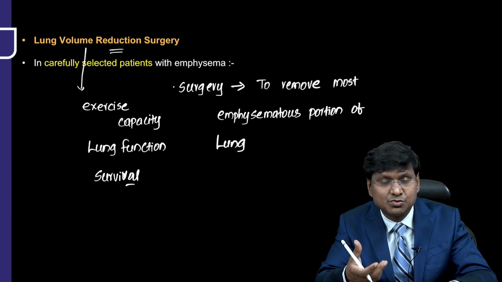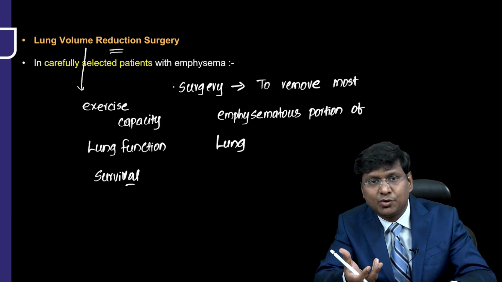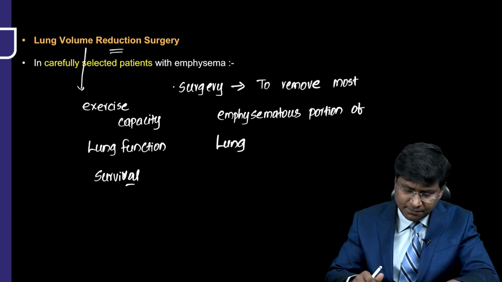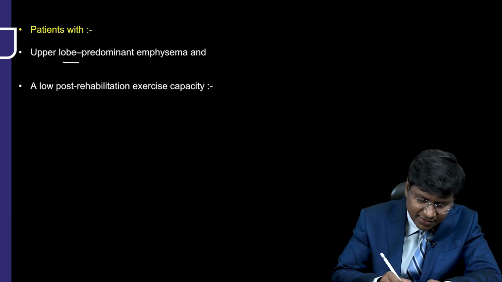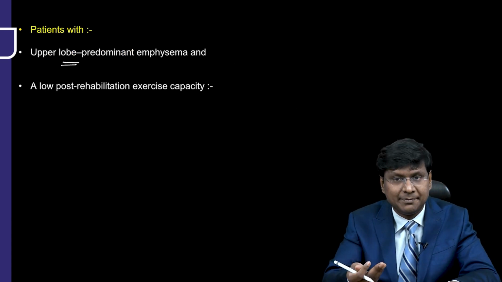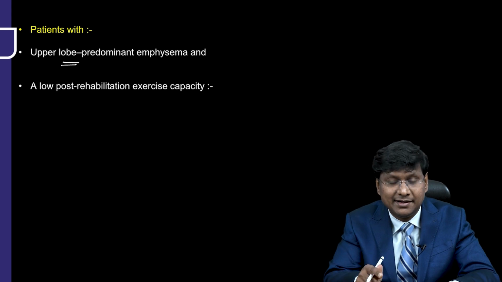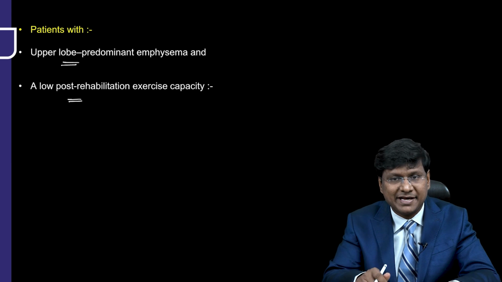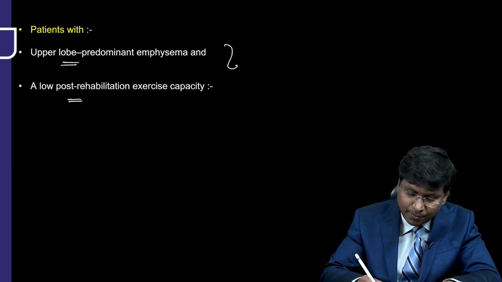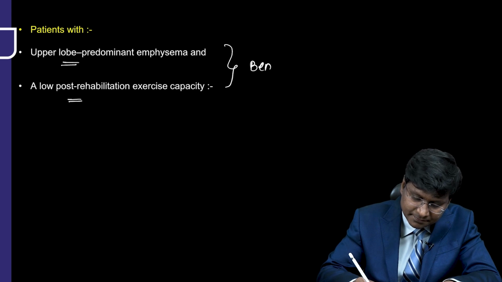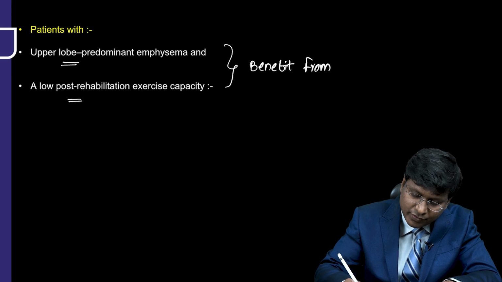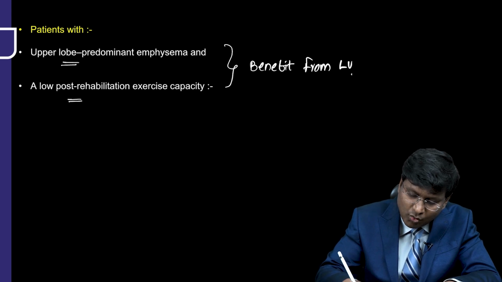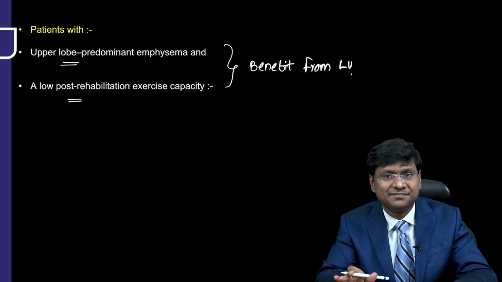That is one of the parameters which will decide the prognosis of the individual. So patients with upper lobe predominant emphysema and a low post-rehabilitation exercise capacity are the group of individuals who will benefit from lung volume reduction surgery.